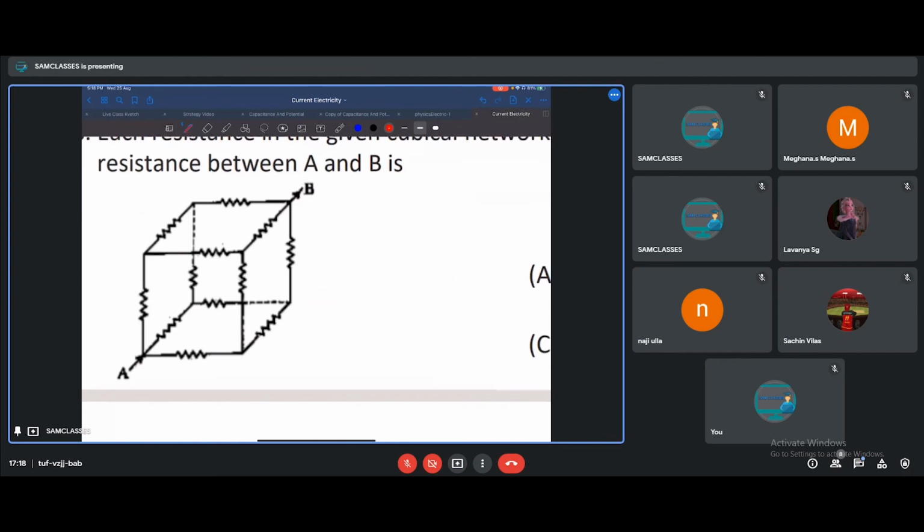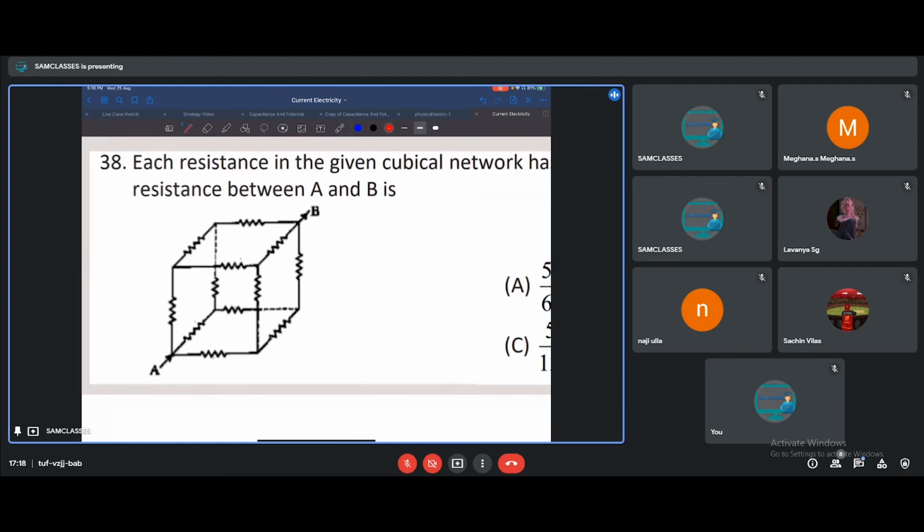Let's see here. If you're able to see the symmetry, sometimes if they give one symmetry question, they can give you a lot of symmetry questions. Symmetry means, if you are entering the current from here, the way you're coming in, the same way you're leaving out also. It creates one symmetry. You're coming in by 3 paths, and the same way you're going out also.